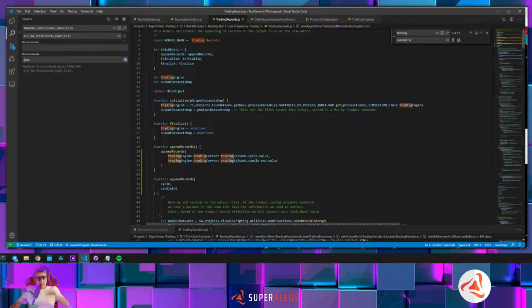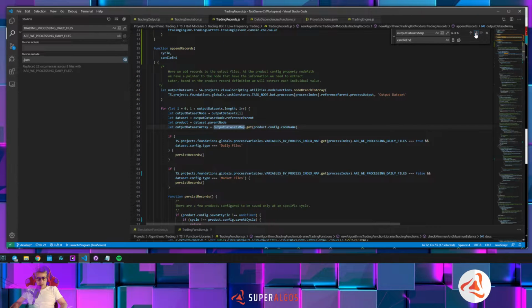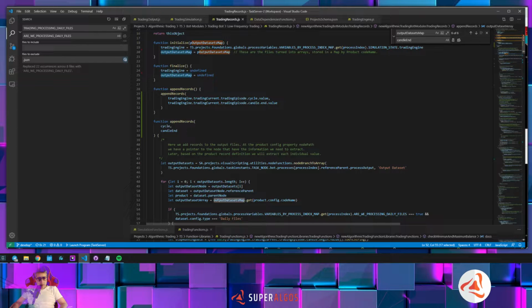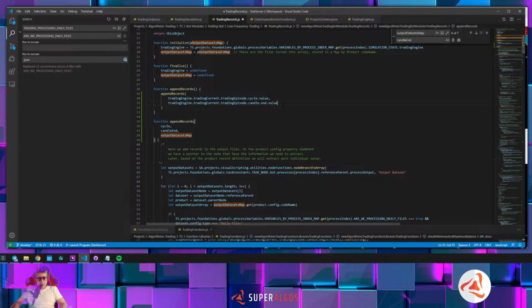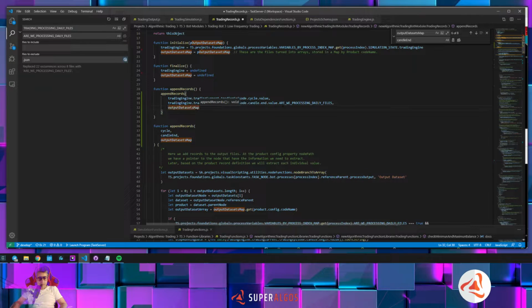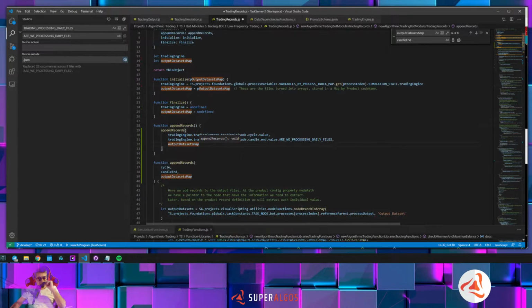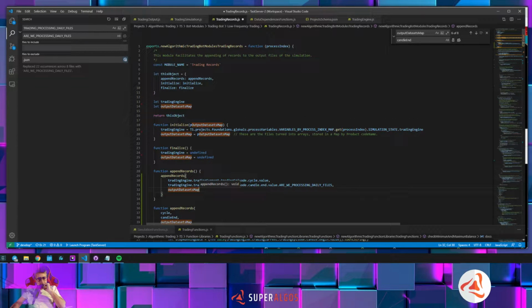But this stuff that we declare here will be needed inside, so I will send it here and here.